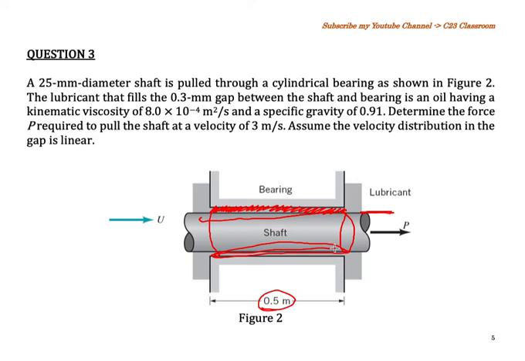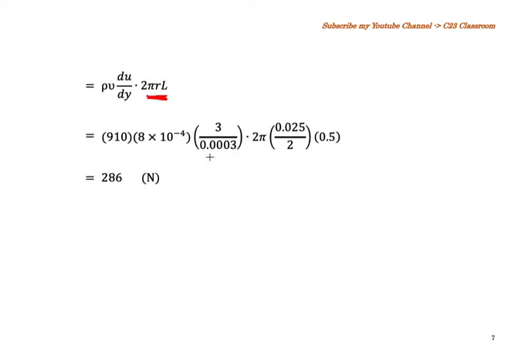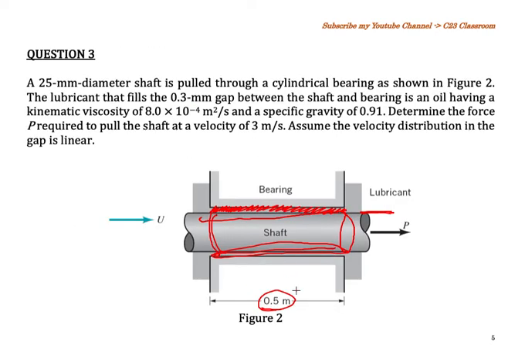So in this calculation, we only calculate the circumference of the shaft. The 2 pi r here is the circumference of the shaft, and the L here is the length, which is 0.5. You need to understand that the length is the length that gives the gap here.